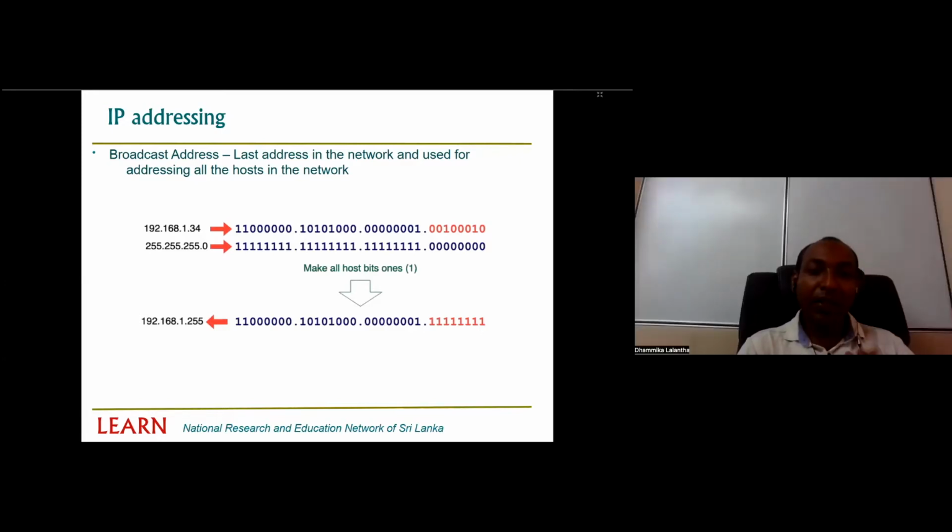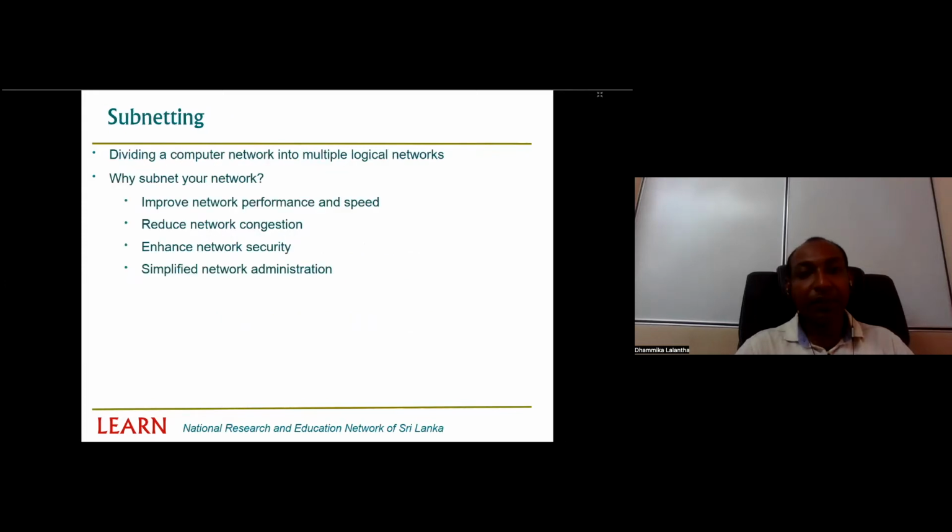So it will be 192.168.1.255. That's how we can find the broadcast address when we are given an IP address.